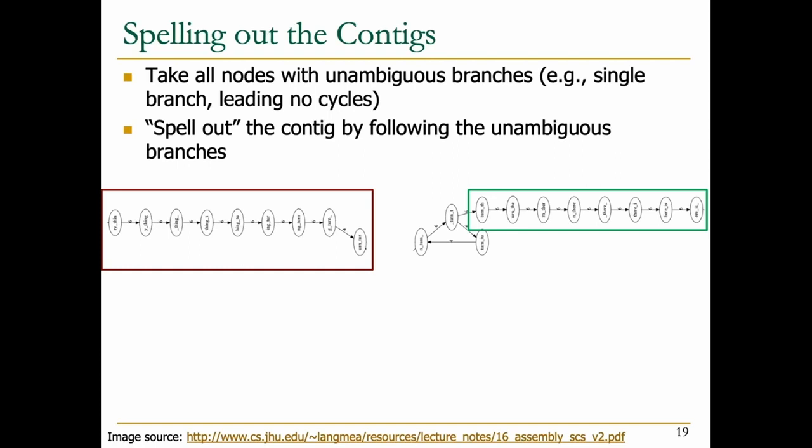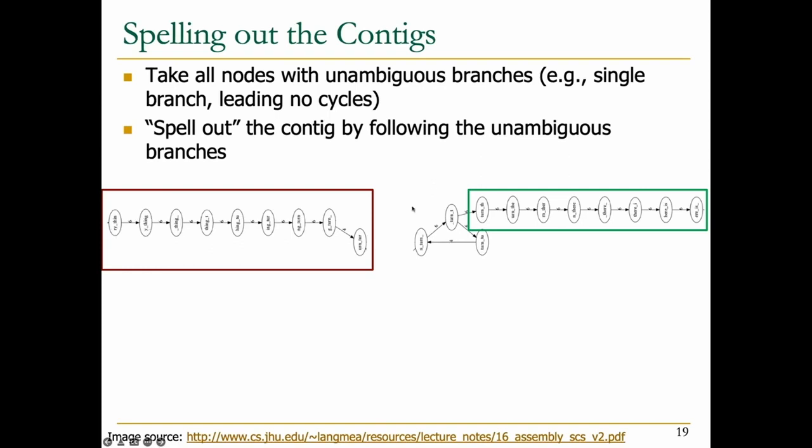And spelling out contigs is mainly starting from the very early node, and then basically following all the overlaps from each node to another one, so that you spell out the strings that are written here based on the overlap information.